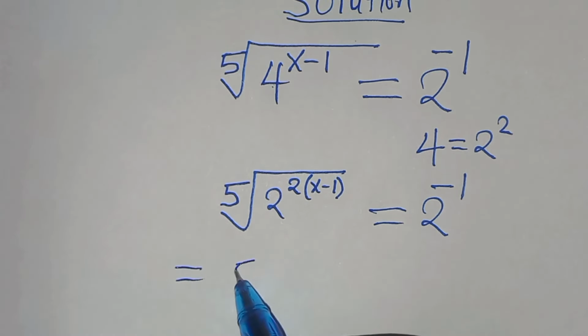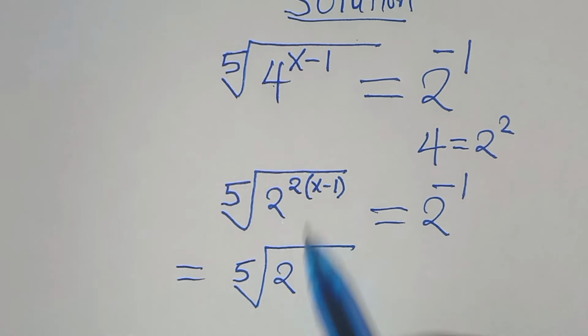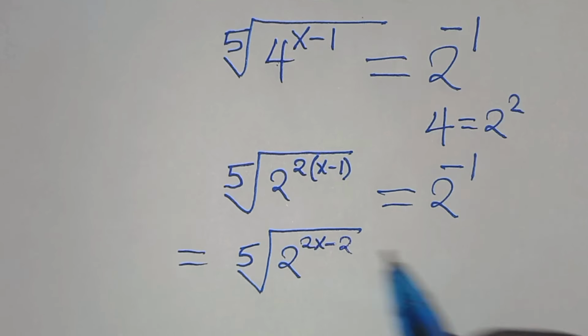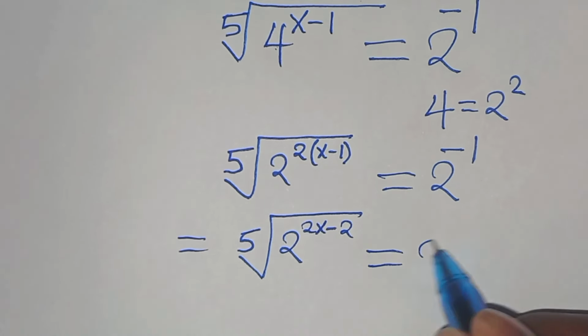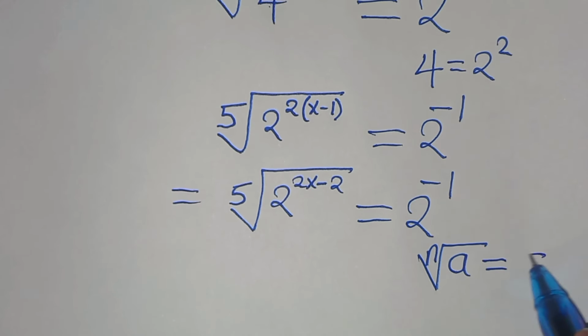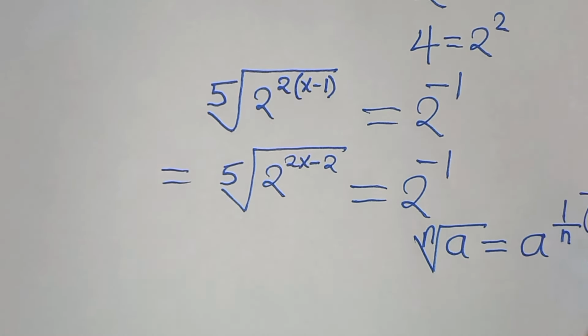So this means we have the fifth root of 2 to the power of 2 times x. This is 2x minus 2 times 1. This is 2. This is equal to 2 to the power of minus 1. Now, if you have the nth root of a, this is the same thing as a to the power of 1 over n.